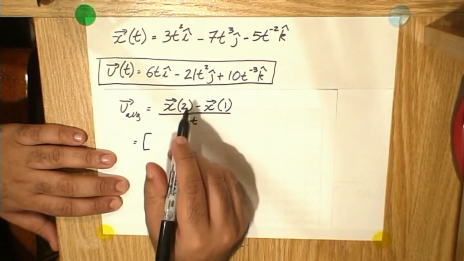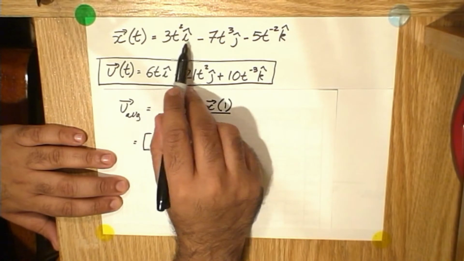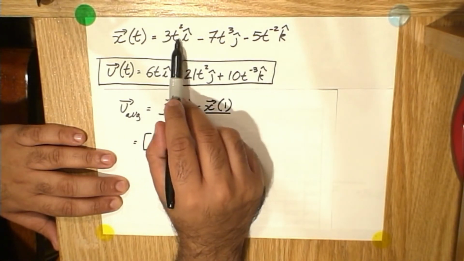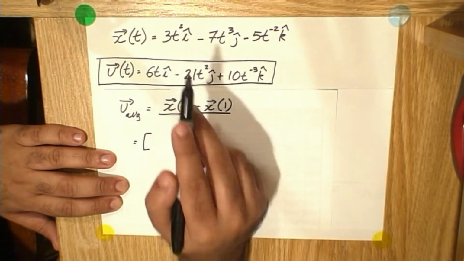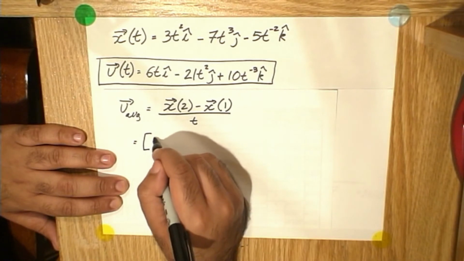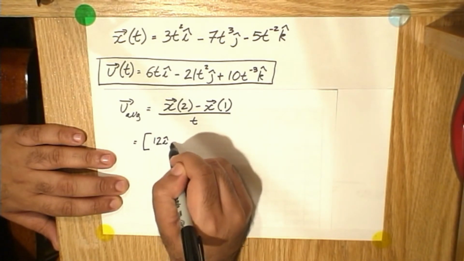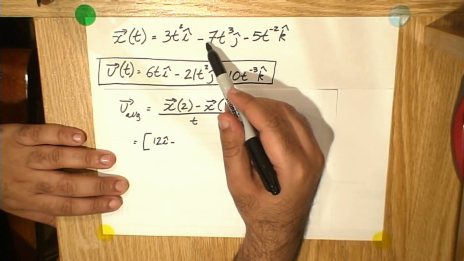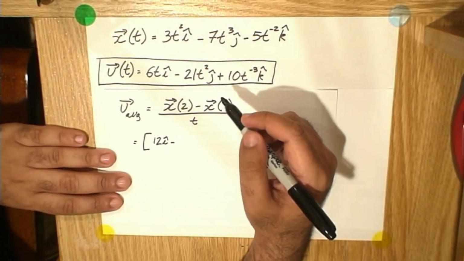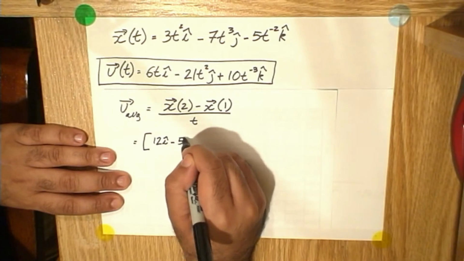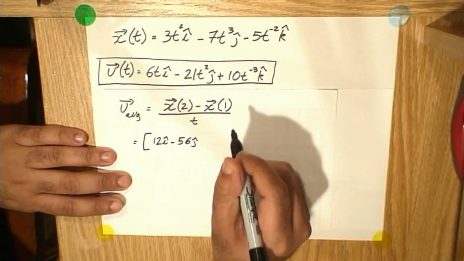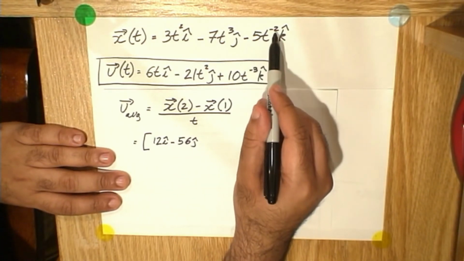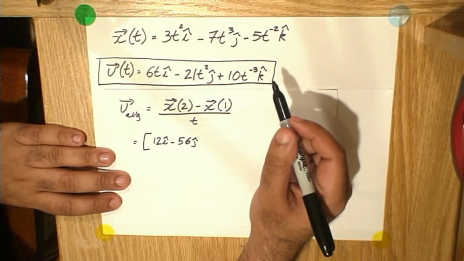If I plug in 2 into this position over here, 2 squared is 4 times 3 is 12. So 12 i hat minus 2 cubed is 8 times negative 7, that would give us negative 56 j hat. 2 to the negative 2 power is 1/4.